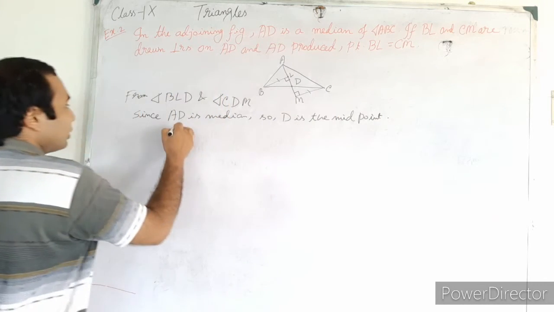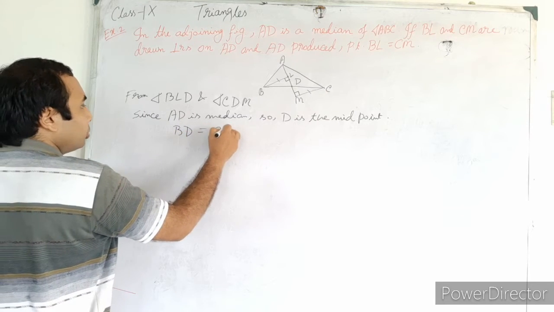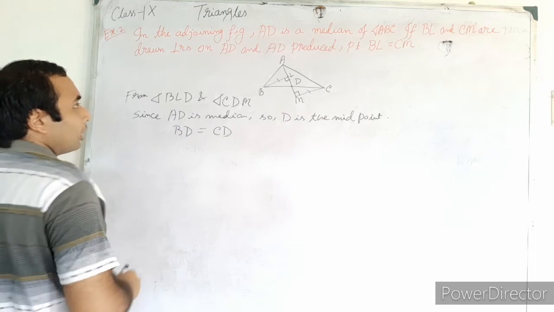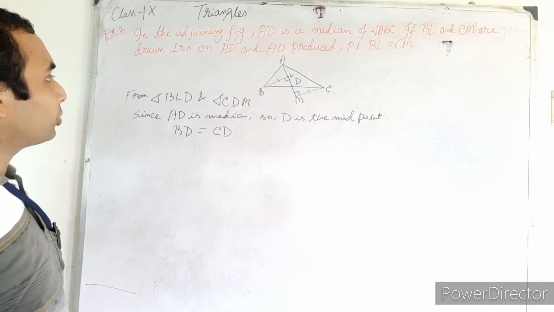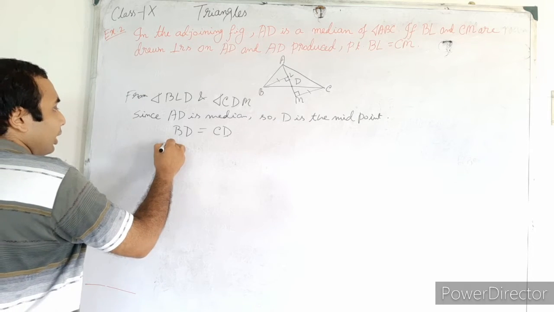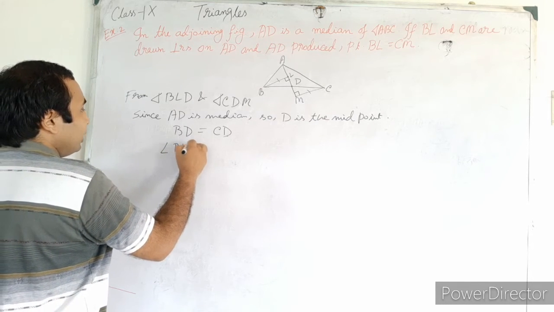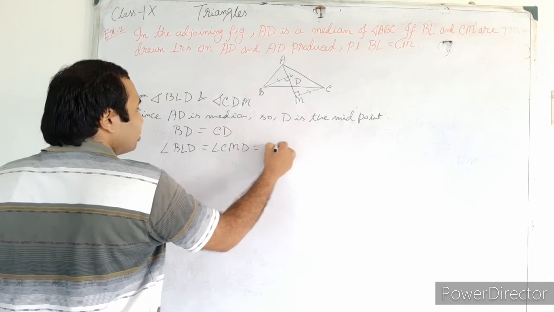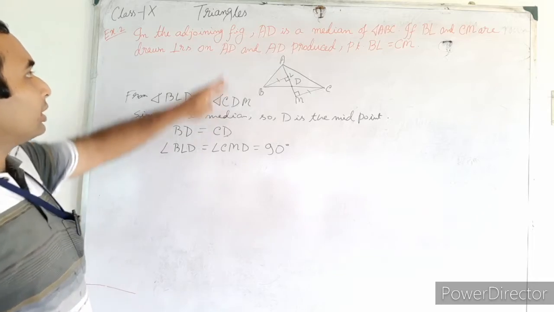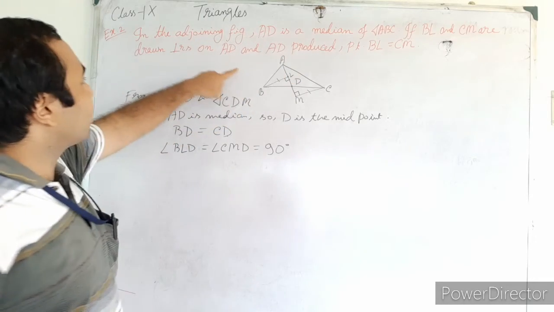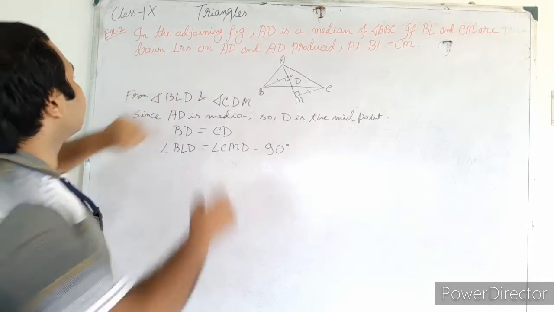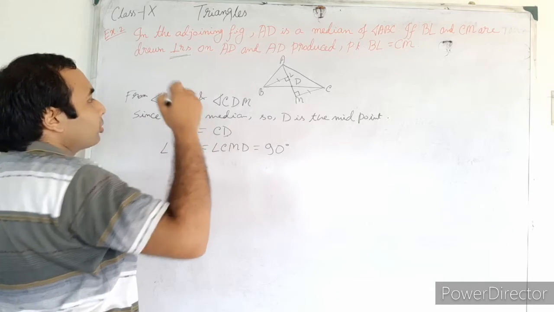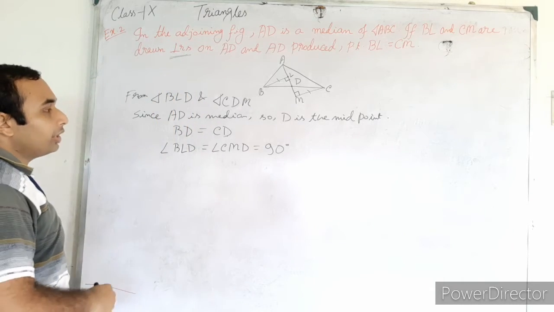So that means BD is equal to CD. One side we have got. Second, angle BLD is equal to angle CMD is equal to 90 degrees. Why? Because it is given that those are the perpendiculars. So obviously those will be 90 degree angles.